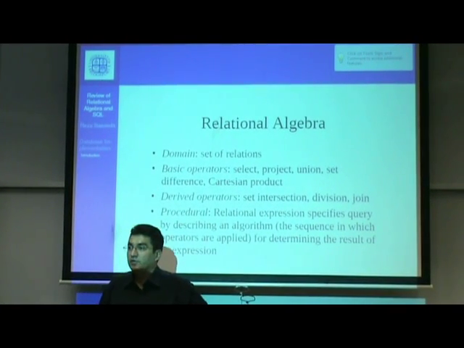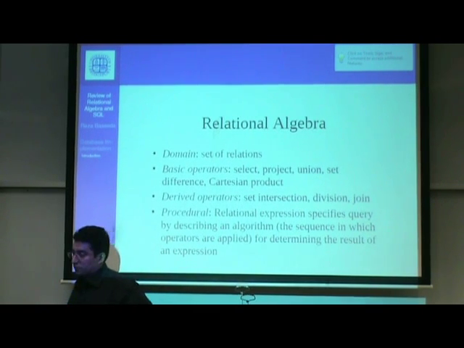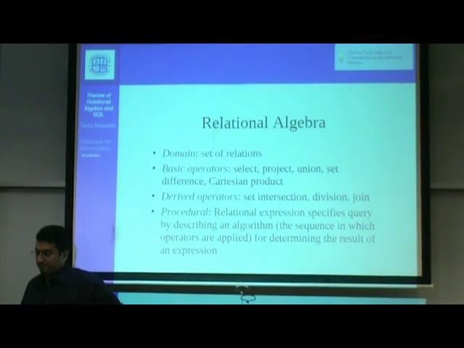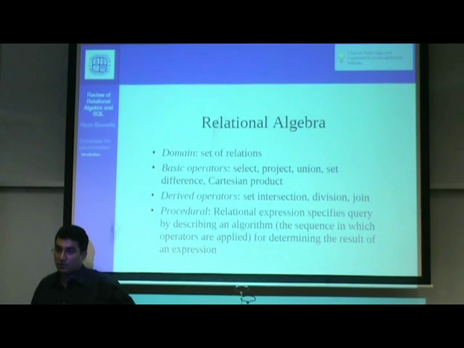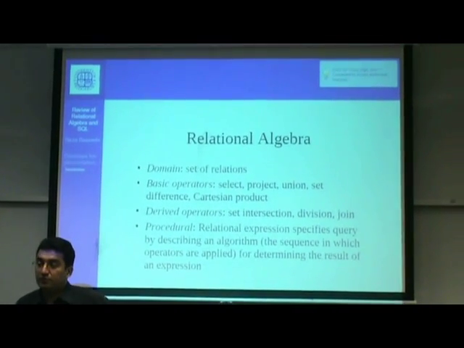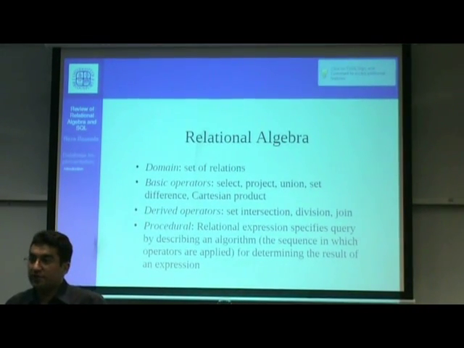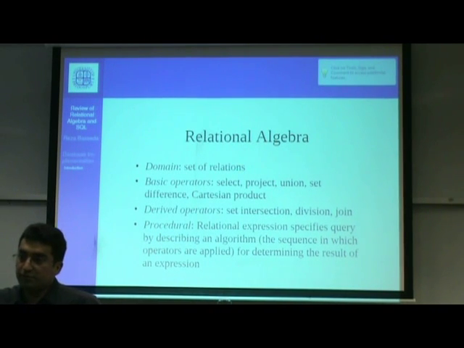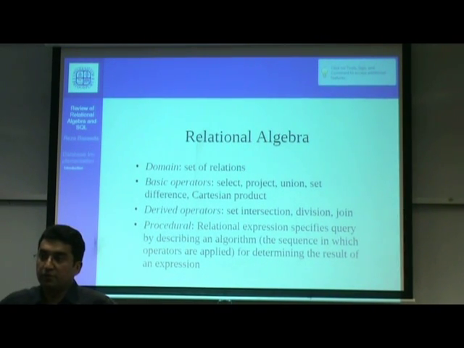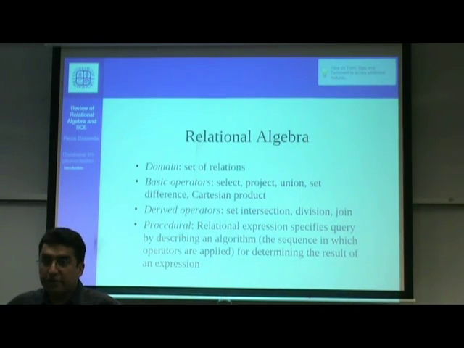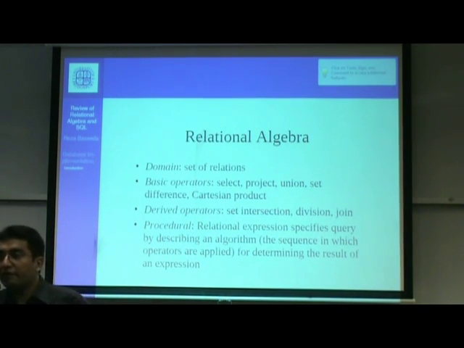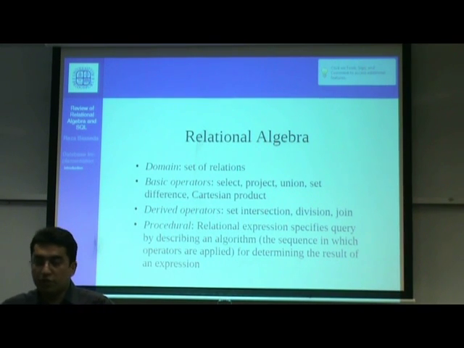What is the difference between derived operators and basic operators? Basic operators are the system provided operators. I mean, in terms of algebra, don't think about the system operations. The basic operators cannot be derived from others, but the derived operators can be expressed again in terms of basic operators.